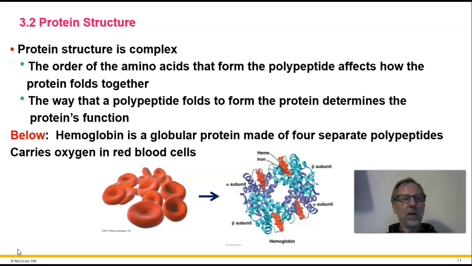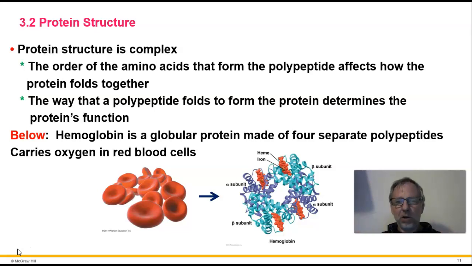Now, I'm showing you an example here on the slide, the protein called hemoglobin, which is found in your red blood cells. In fact, hemoglobin is what makes your blood look red. Hemoglobin is a globular protein, so think glob like a big blob. And hemoglobin consists of 4 polypeptides, 4 long chains of amino acids that are stuck together to make this protein we call hemoglobin.